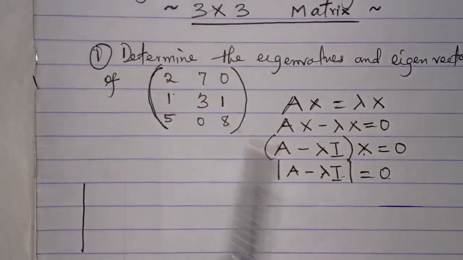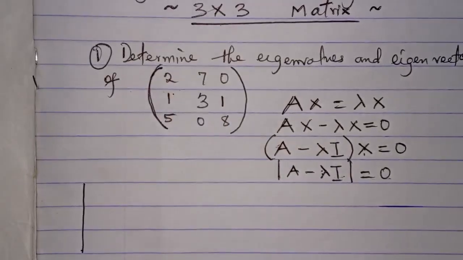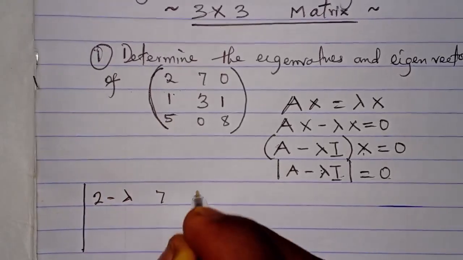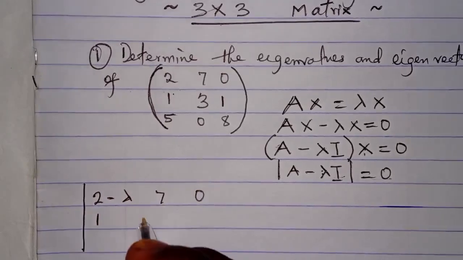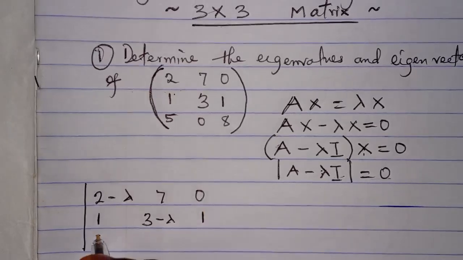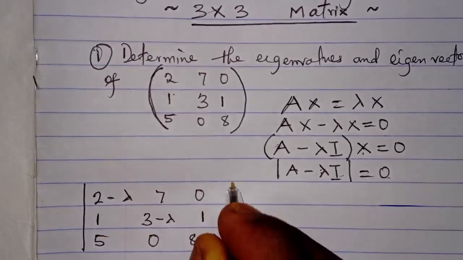I'll subtract lambda from them, and all other numbers remain. So I'll have 2 minus lambda, 7, 0; 1, 3 minus lambda, 1; 5, 0, 8 minus lambda.